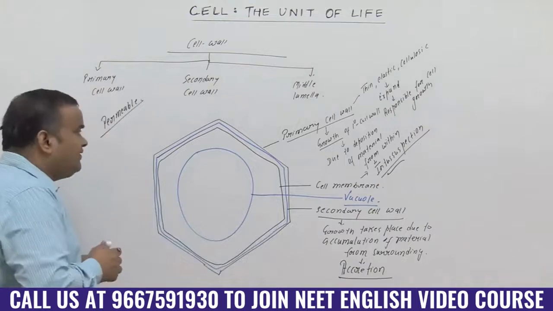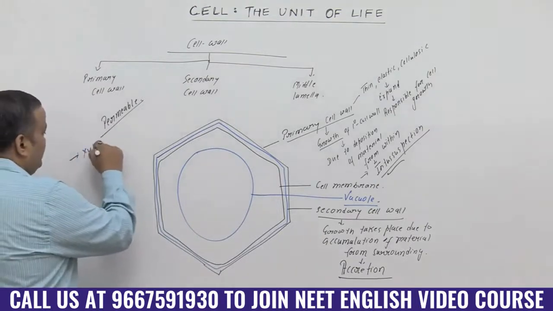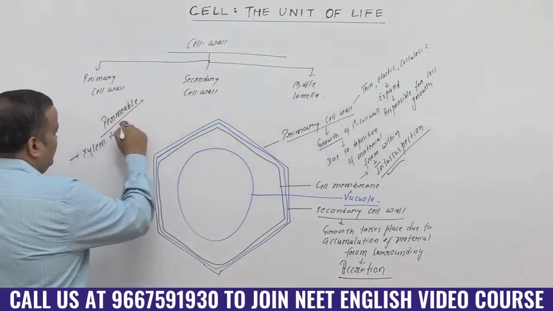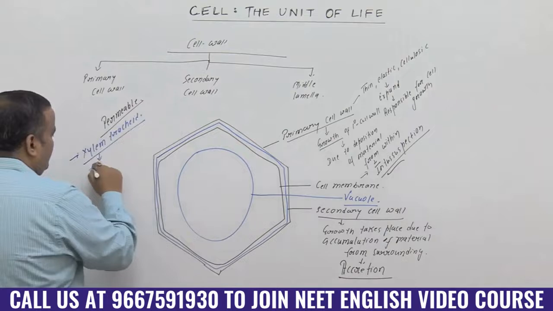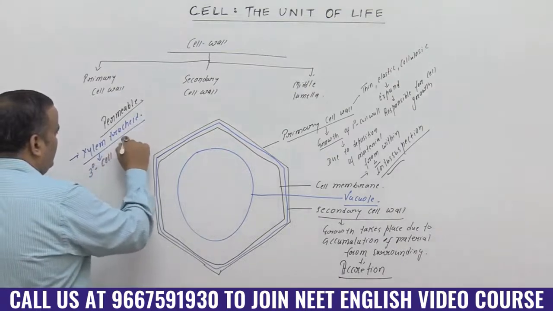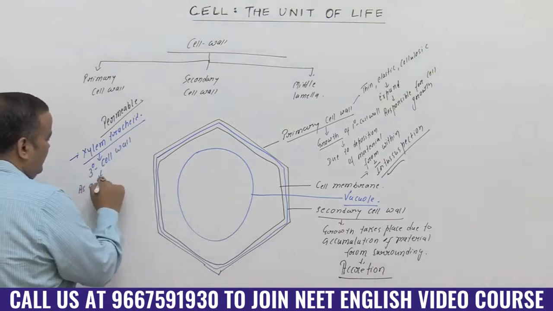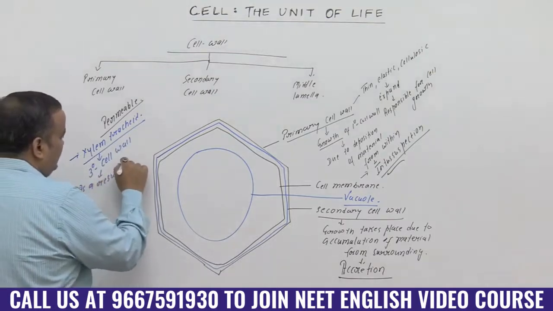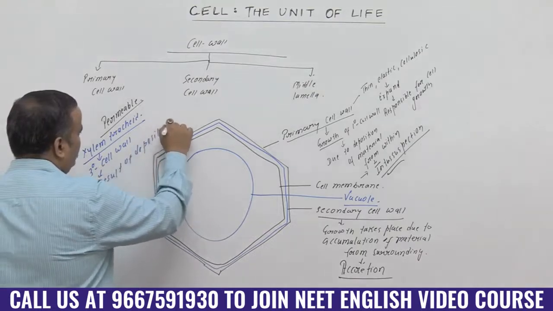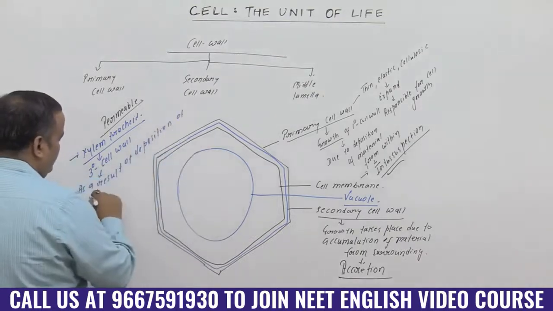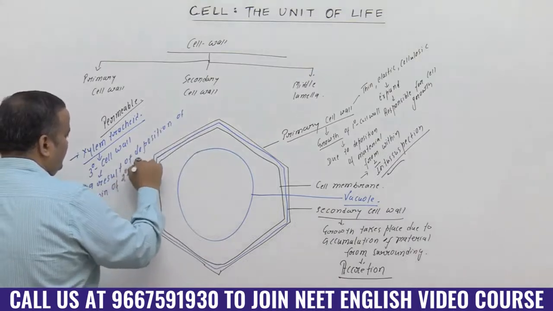Now, in some cases, like in xylem tracheid, there is development of tertiary cell wall, and it develops as a result of deposition of lignin on secondary cell wall.